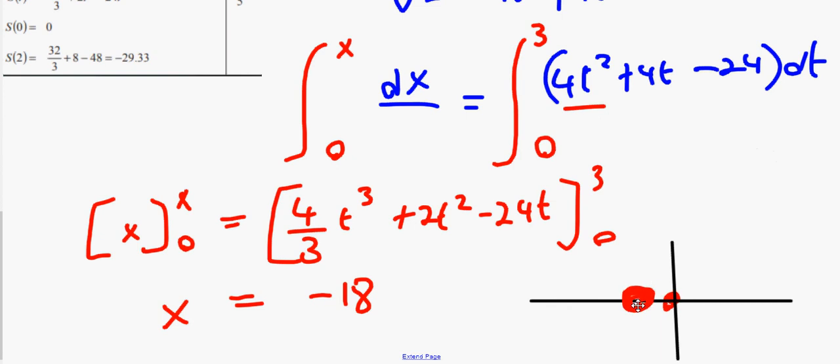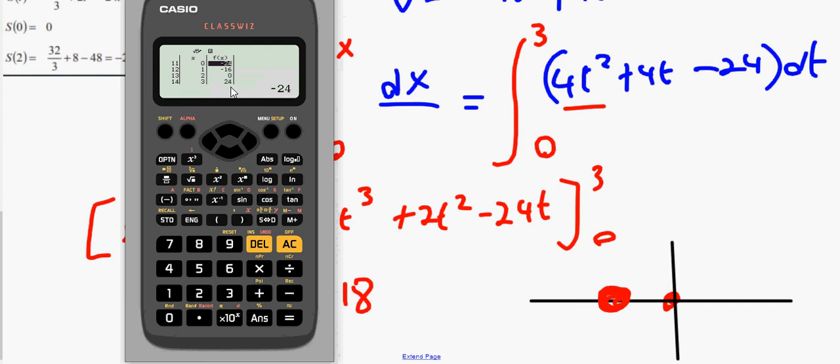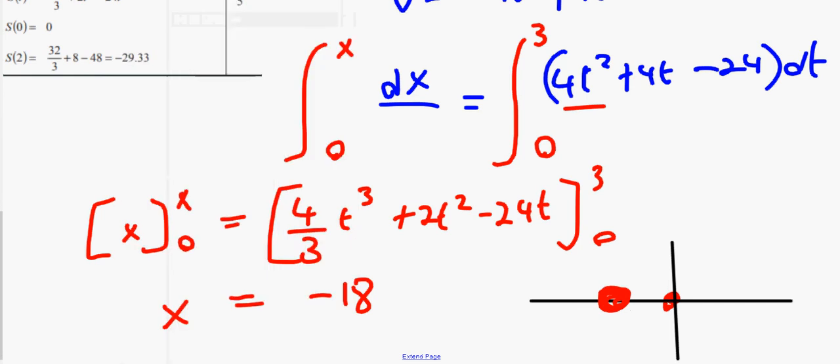What happens after 2 seconds, or is it 3 seconds? After 2 seconds you stop, and then you start going backwards, but you haven't gone far enough backwards to get back to your original point, so your x value is minus 18, 18 to the left. Is that alright? Alright, all good.